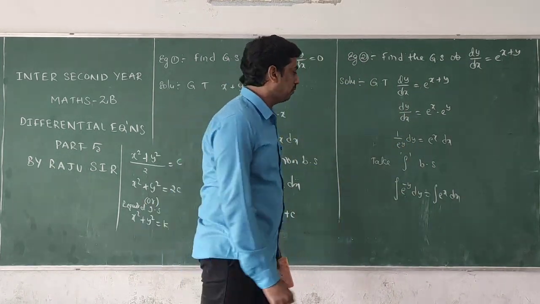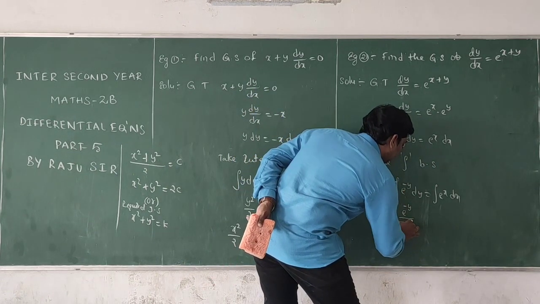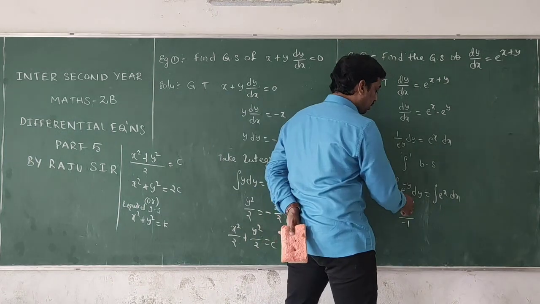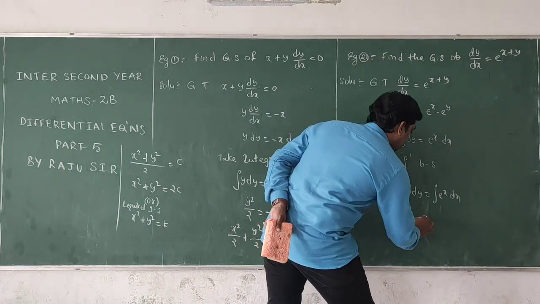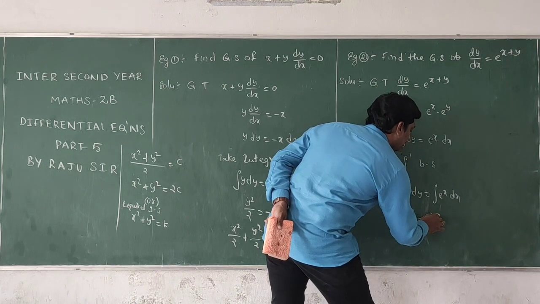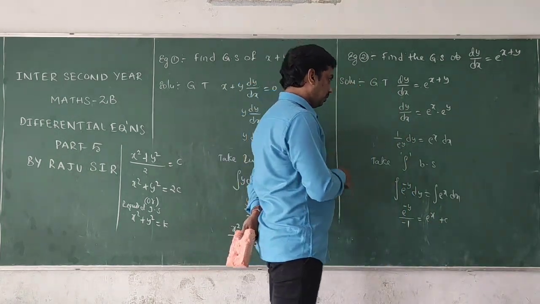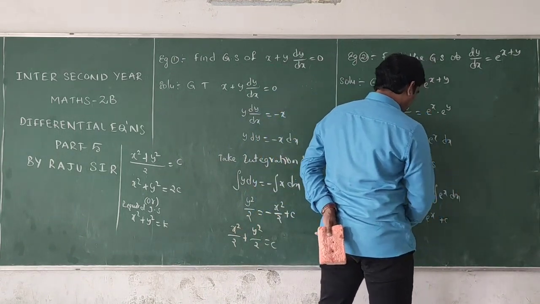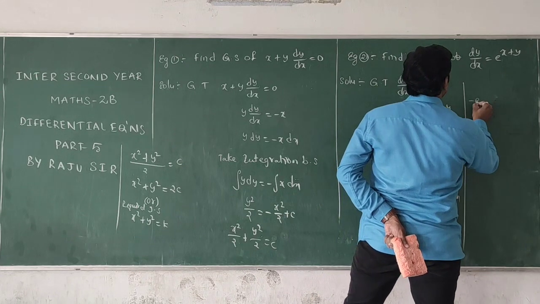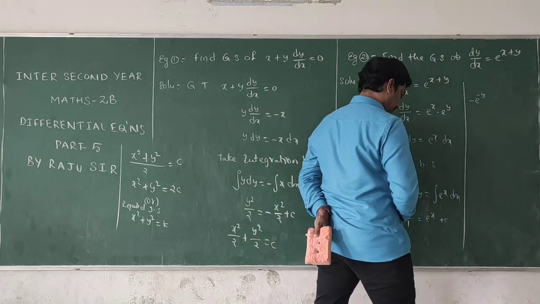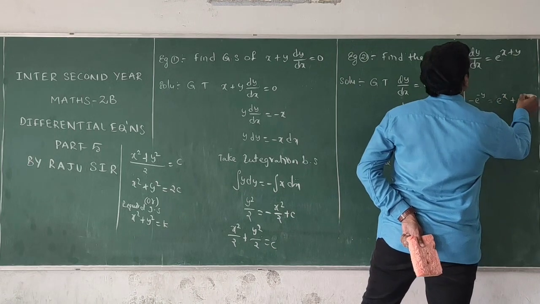What is the integration of e power minus y? e power minus y by minus 1, the derivative of the internal function written in the denominator. Now the integration of e power x is e power x only, plus constant c. Now this can be written as e power minus y by minus 1, equal to e power x plus c.